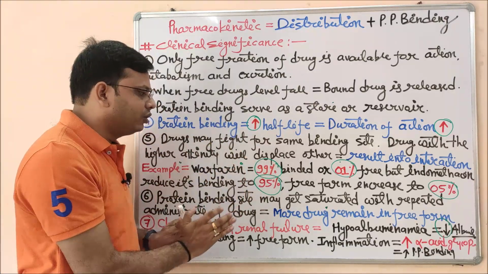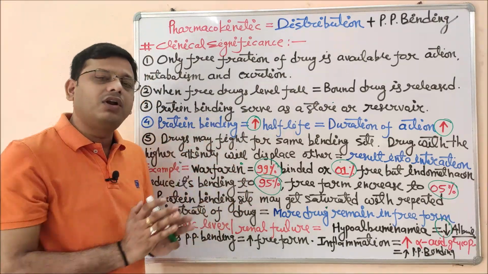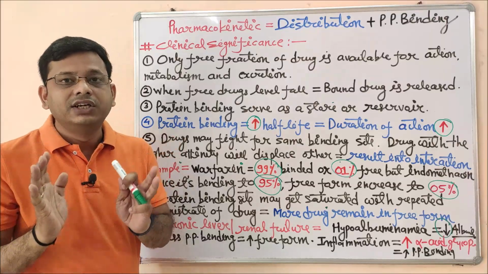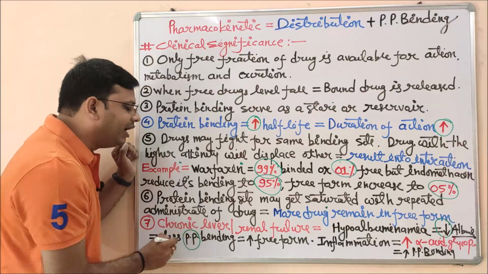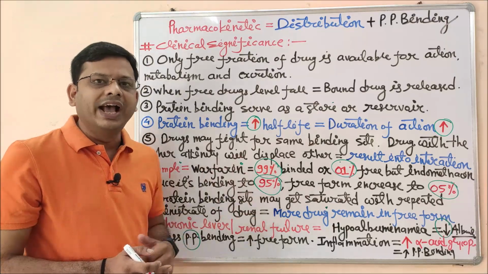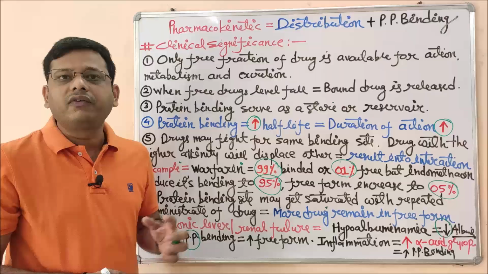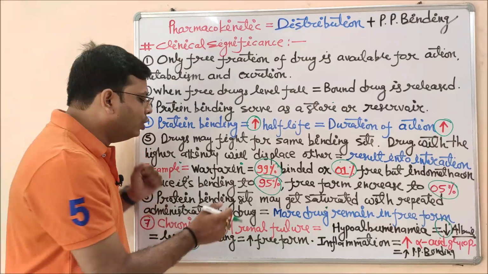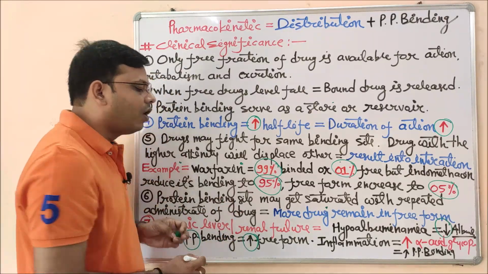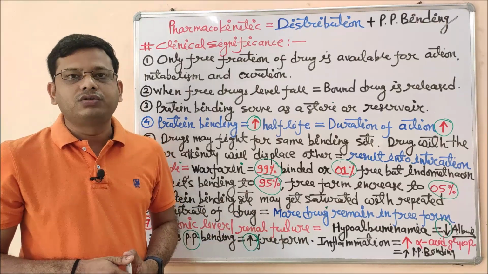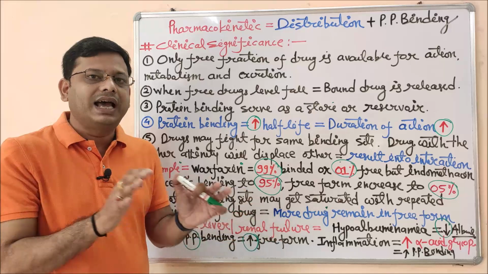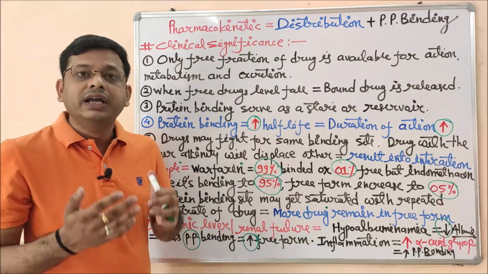So if the level of albumin is reduced, how will the plasma protein binding take place for acidic drugs? Because the amount of albumin is low, there will be an increase in the free form of the drug, and if the free form of the drug is available in the blood, that may produce toxicity, because you have not expected this unwanted, large amount of drug in free form.